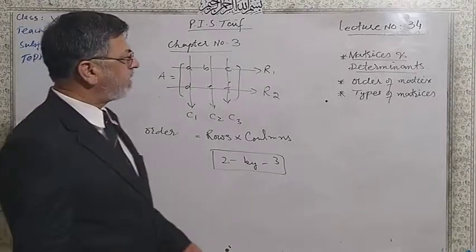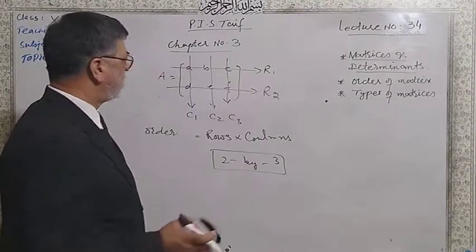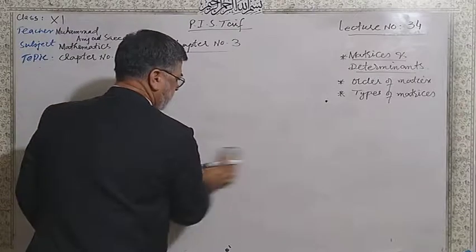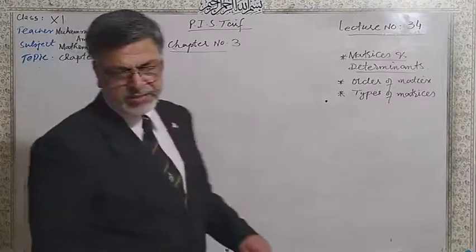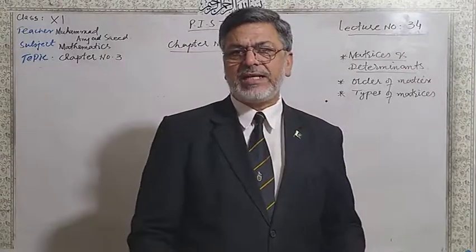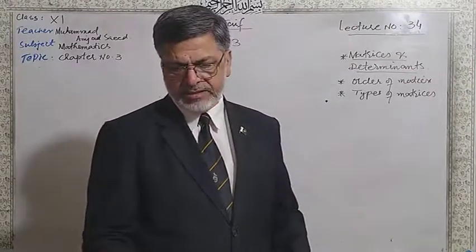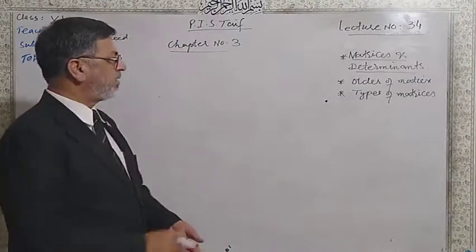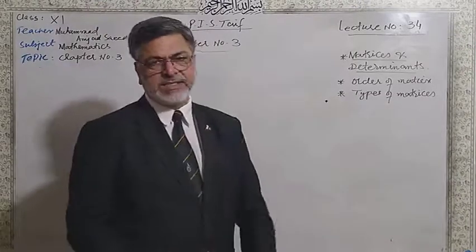After that, there are different types of matrices. You have seen matrix and determinant in 9th class, chapter number 1. I think you have the basic idea about the different types of matrices.